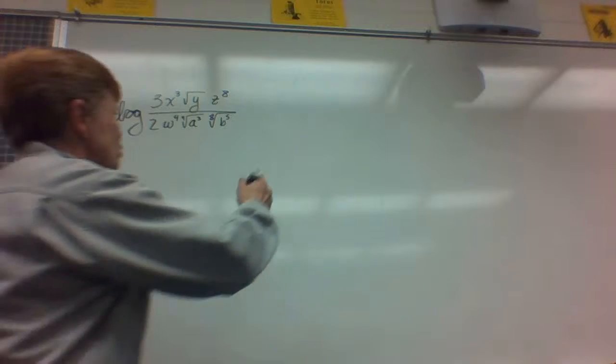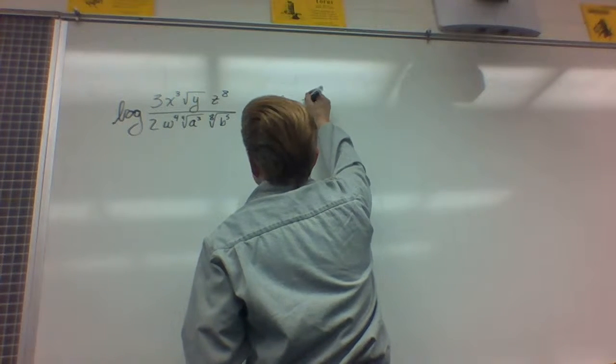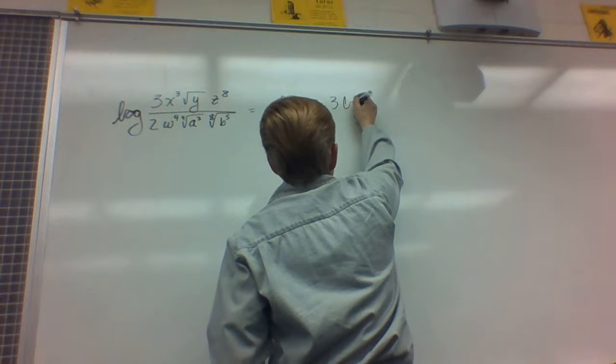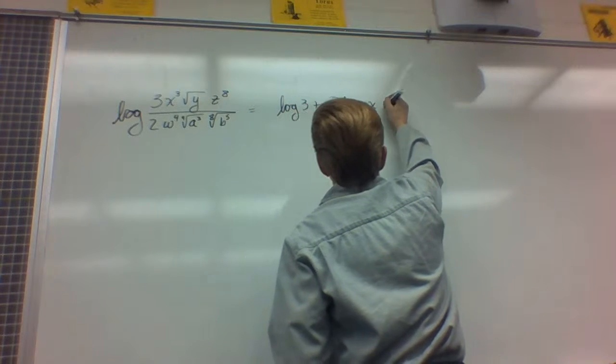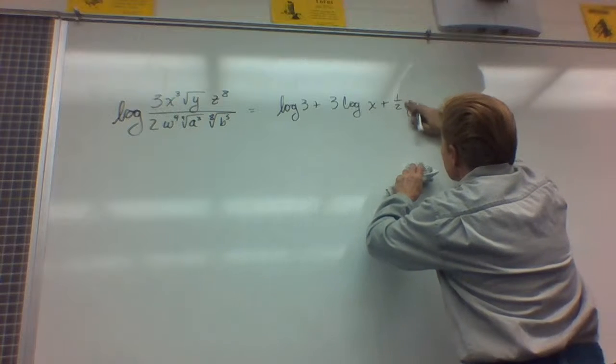Okay, so I'm going to expand this, and it looks really awful and terrible and horrible, but you watch as I expand it and see if you can see these 3 things coming into play here. It's going to be the log of 3 plus 3 log x plus 1/2 log y. Yeah, this makes sense.